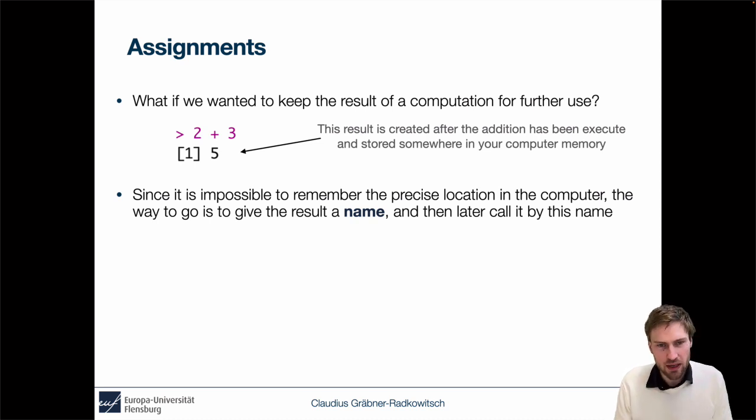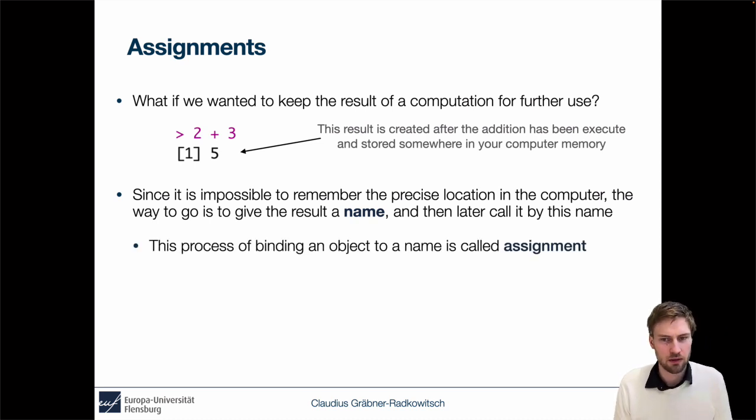So a much easier way to deal with this problem is to give the result a name. And by giving the result, the 5 in this case, a name, we can later call this result basically by calling its name. And this process of taking an object and binding a name to it is called assignment.